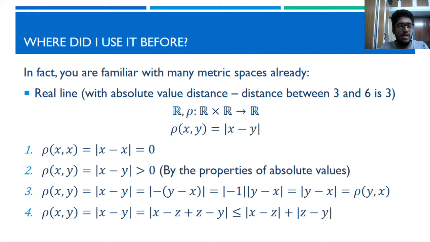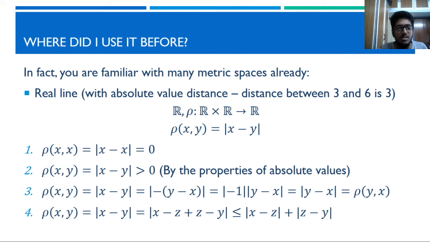Now again, for the fourth property, the triangle inequality, I am going to use another property of absolute value: the inequality that the absolute value of x plus y is less than or equal to the absolute value of x plus the absolute value of y. So rho of x comma y is equal to the absolute value of x minus y, and I'm going to use a trick which you would have seen in real analysis from the first day of analysis class.